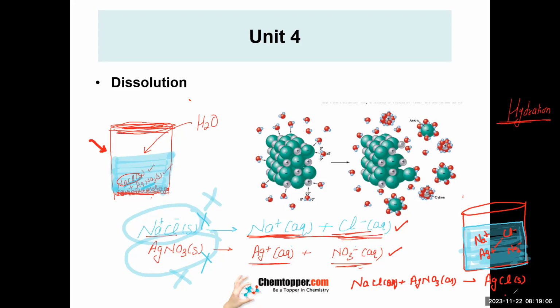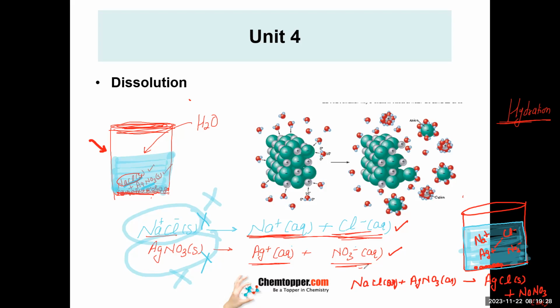And what else is there? NaNO3. But this NaNO3 is not solid. It is still aqueous. So what happens after the reaction? AgCl will precipitate down because it's not soluble. It will precipitate down like this.